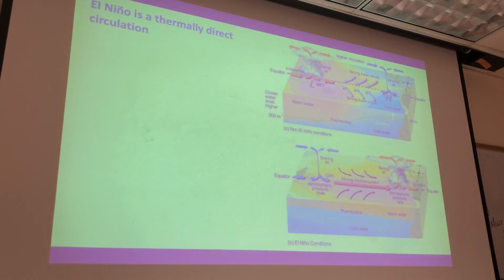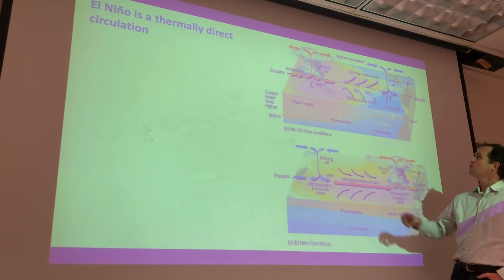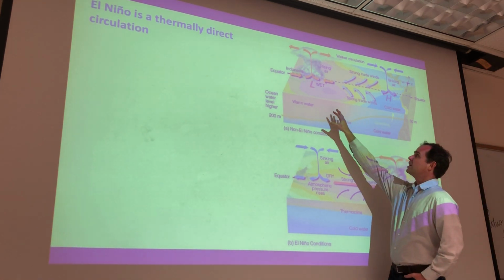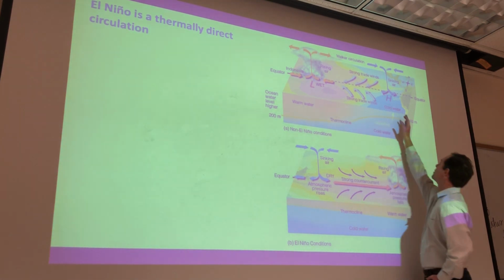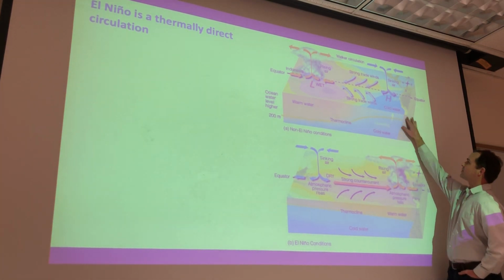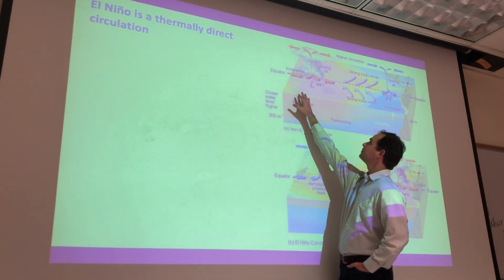Another place where we see thermally direct circulations that have an important impact on weather is the El Nino-La Nina system in the Pacific Ocean. Typically in the Pacific, let me orient you first. This is the coast of South America here, and this is Indonesia over here.